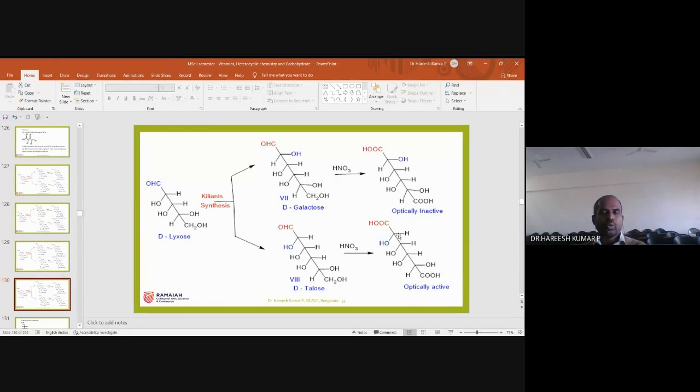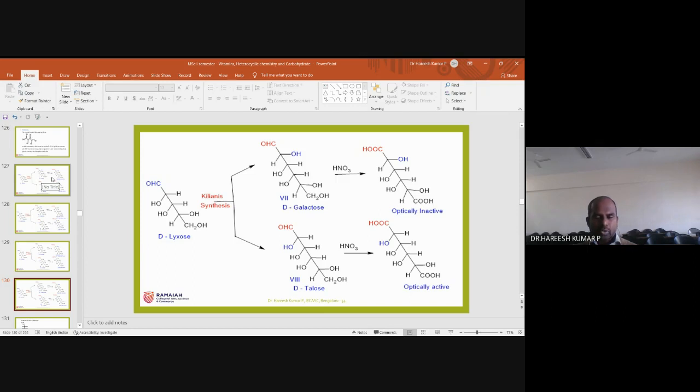Only two trioses are there, that is D-glyceraldehyde and L-glyceraldehyde. Using D-glyceraldehyde and L-glyceraldehyde, it is possible to convert a triose into a tetrose. In the tetrose, two molecules are obtained. One is erythrose, another one is threose.